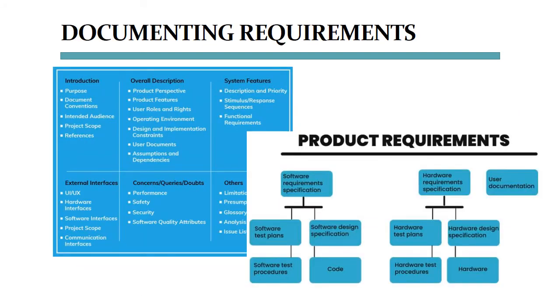For IT projects, there are many different kinds of requirements documentation templates out there, depending on the nature of the project. Here in the blue box to the left, you are seeing the document structure for new software development, a software or system requirements specification. Look at the bullet points in system features, external interfaces, and concerns, queries, doubts.